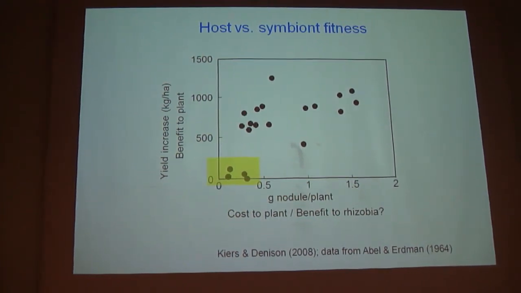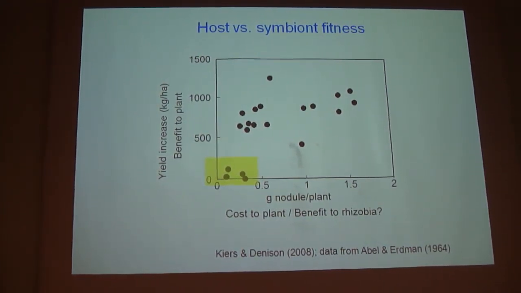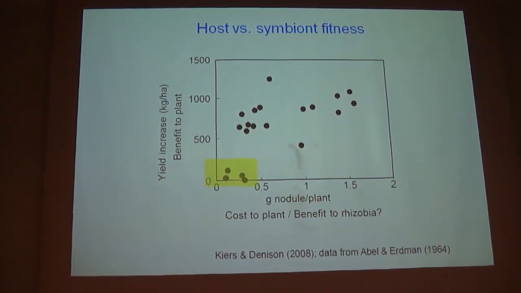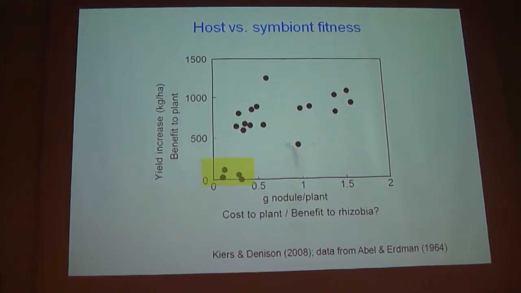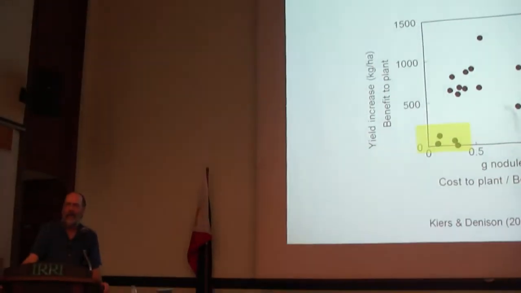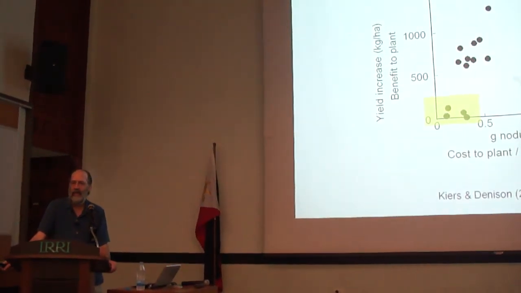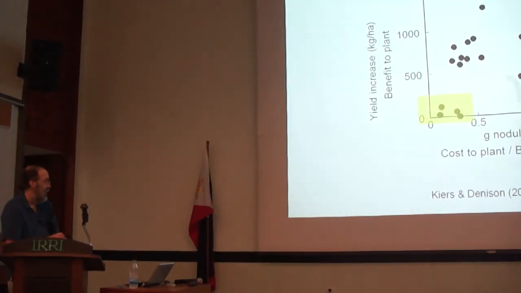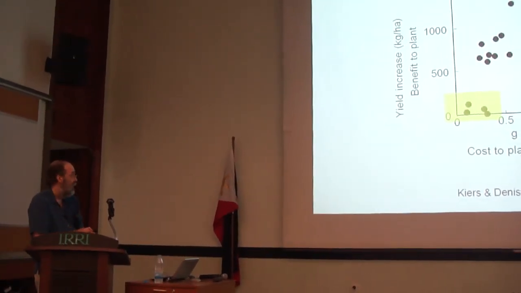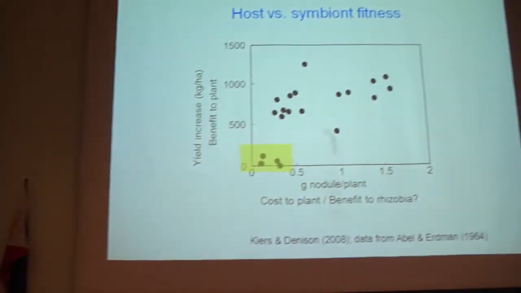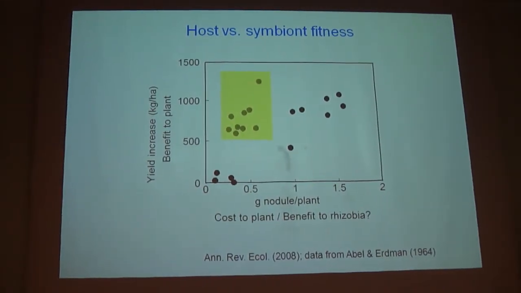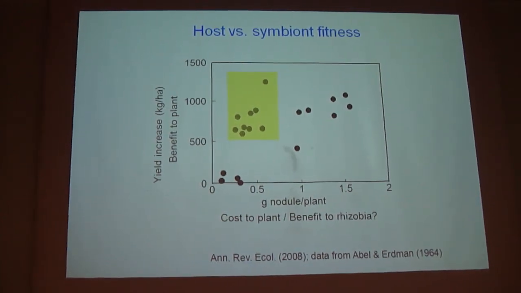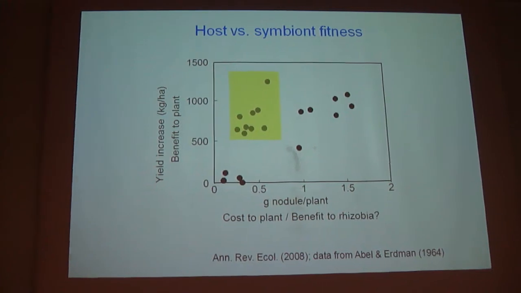This group here, I would call losers. They're strains that are not good at nodulating or not good at occupying nodules, and so they don't provide any benefit to the plant simply because they don't occupy many nodules, but they're not taking much benefit themselves. And the important thing is they're not occupying nodules that could otherwise have been occupied by these more beneficial strains.